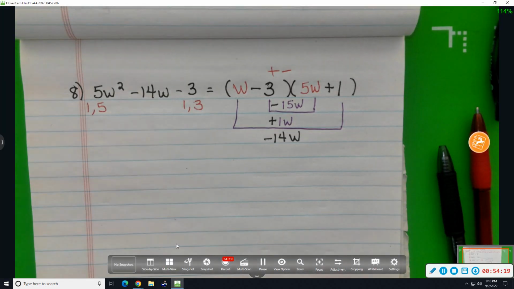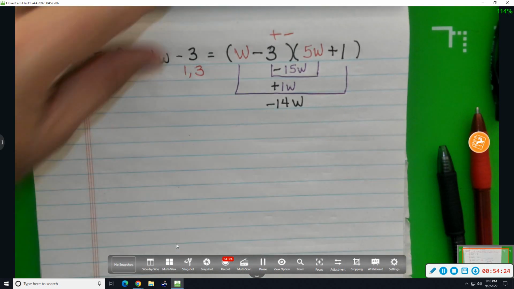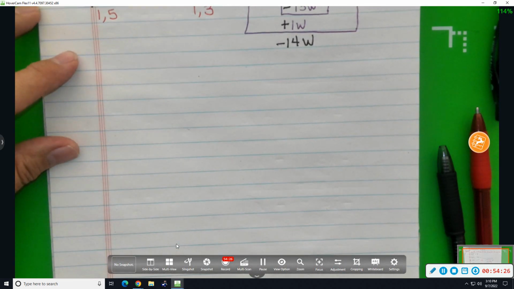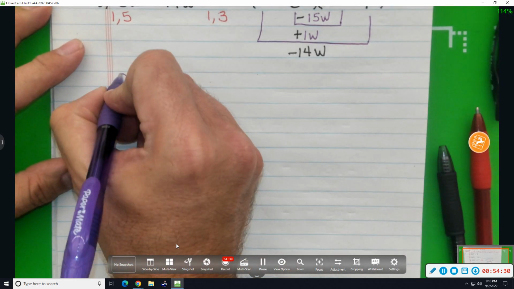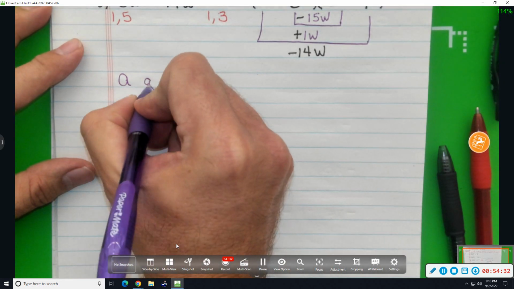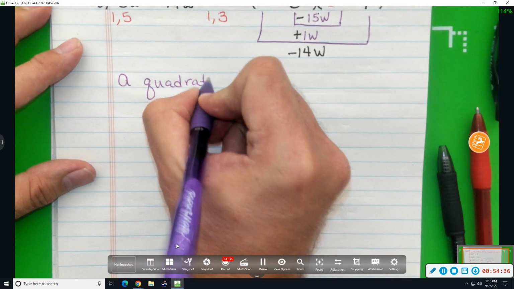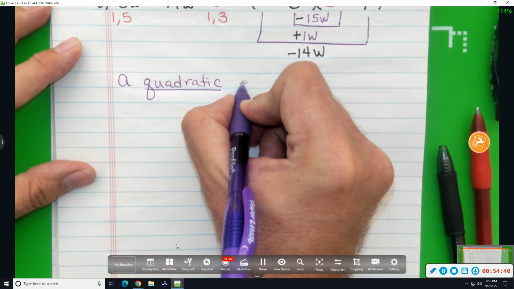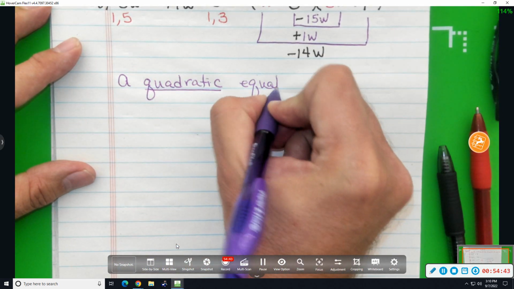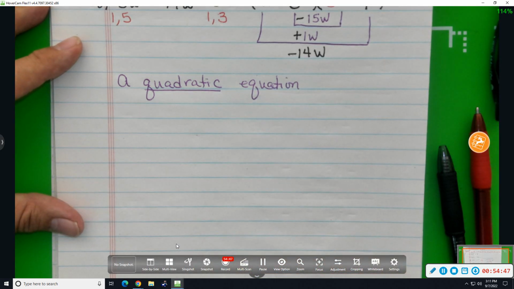I'm going to give a little terminology that we'll be seeing off and on throughout the remainder of the course. I'm going to define what we mean by the word quadratic. A quadratic equation. I'm not defining what an equation is. I'll just tell you what an equation is.